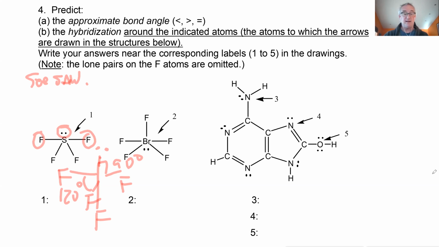So ideally, fluorine, sulfur, fluorine, 1, 2, 3, would be 120 degrees. Is that right? No, sorry, it would be 90 degrees. Because I have sulfur, fluorine, and 1, 2, 3.